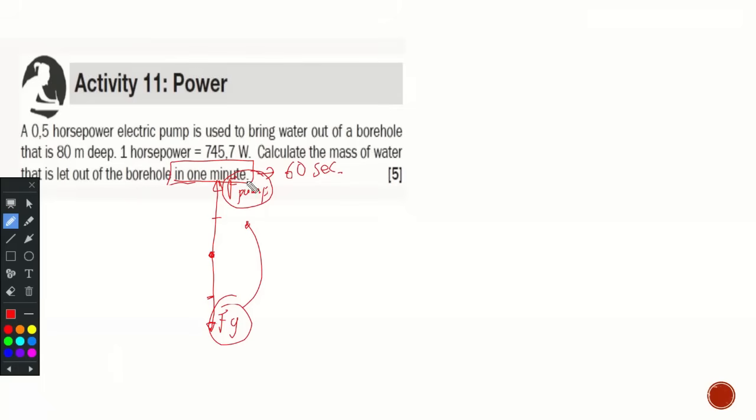So to deal with this question, we start with the 0.5 horsepower electric pump used to bring water out of the borehole. 1 horsepower, we are told, is 745.7 watts, but we are only dealing with 0.5. So if 1 horsepower (HSP) is 745.7 watts, then what will 0.5 horsepower be?